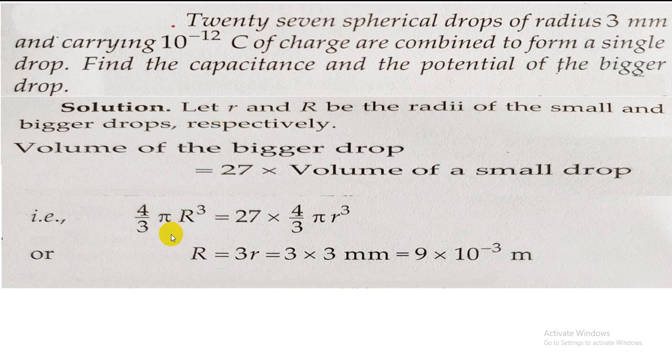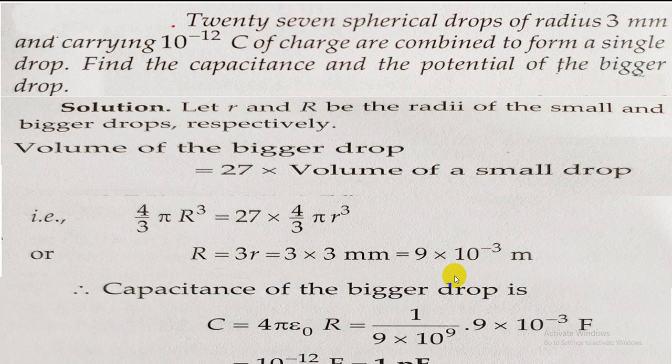The volume of a sphere is 4 by 3 pi r cube, for the bigger drop it is 4 by 3 pi R cube, and for the smaller drop it is 4 by 3 pi r cube multiplied with 27, so that the volume becomes equal. If we solve this, the value of capital R comes out to be 3 into small r. The radius of the small drops is given as 3 millimeters, so 3 into 3 is 9 millimeters, that is 9 into 10 raised to the power minus 3 meter. This is the radius of the bigger drop.